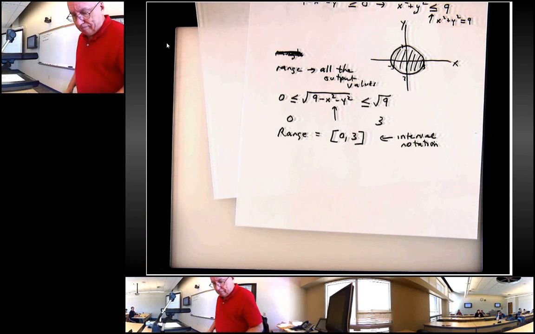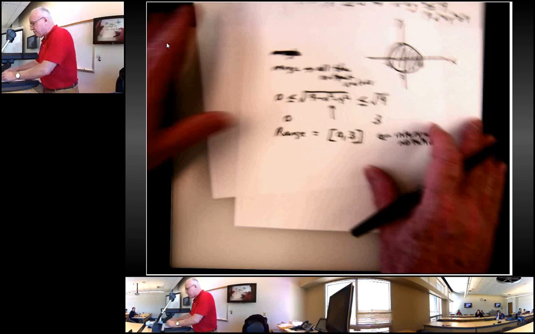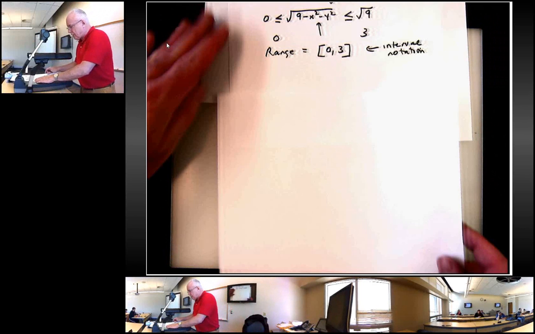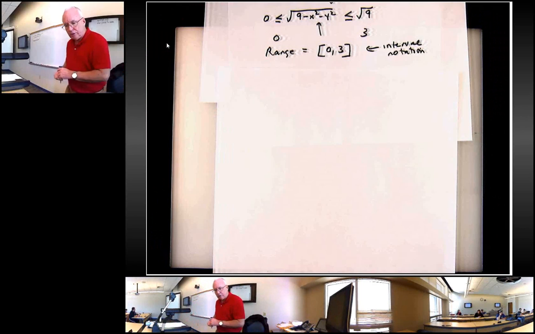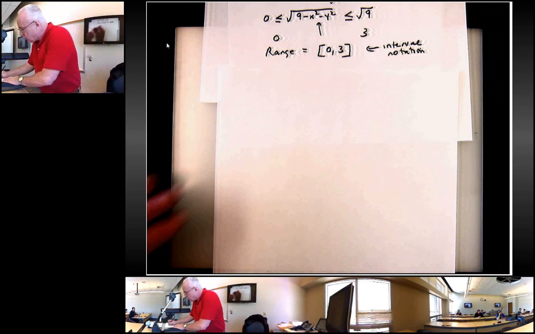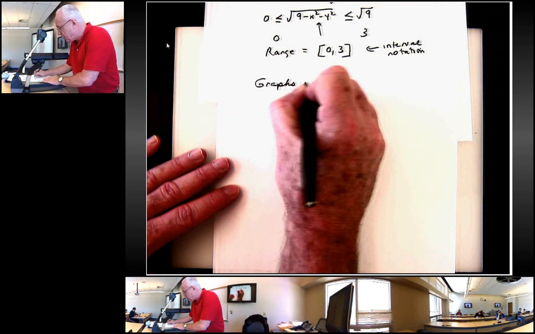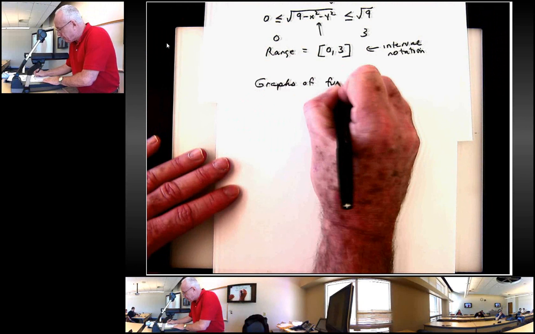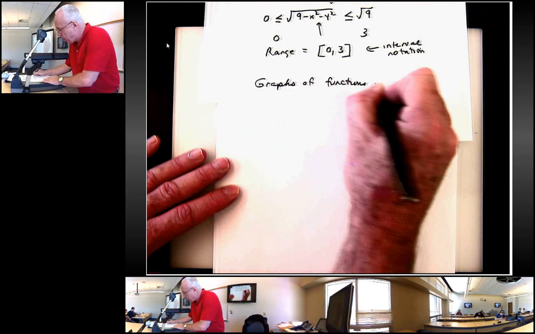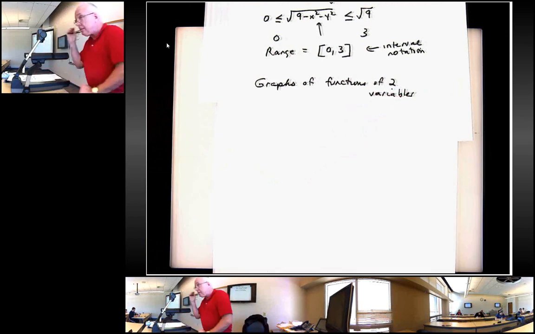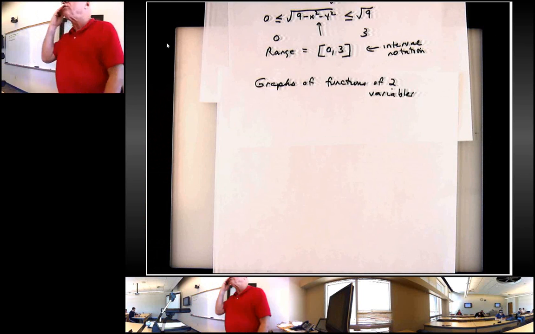Let's look at graphs of this. And I also have some things that I'm not drawing, which is good. So, the graphs of functions of two variables. Now these things can take on all kinds of strange shapes.